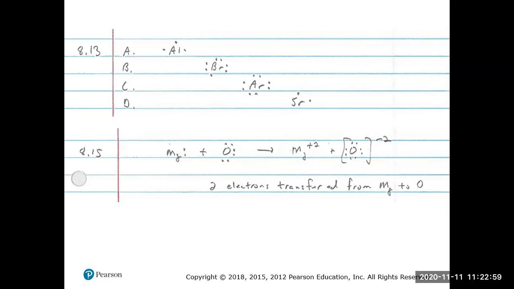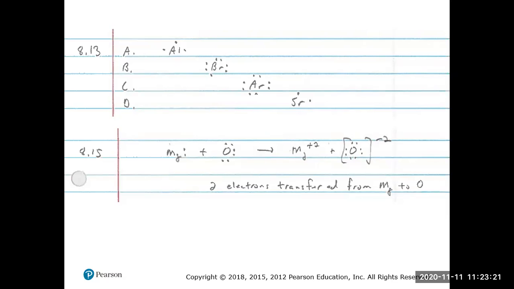As we discussed, in this ionic bonding situation, the metal is going to donate electrons. So we shift those 2 electrons from magnesium over to the oxygen, and that completes the octet for the oxygen. Now we have 8 dots around it representing 8 valence electrons.